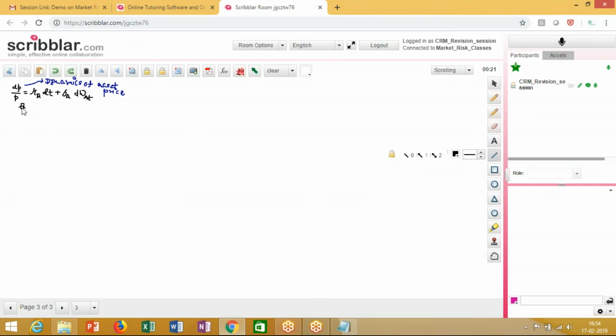Over here, this is the return axis, and this is the time axis, right? There is time and there is return.